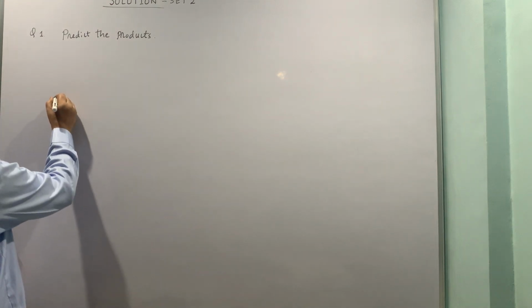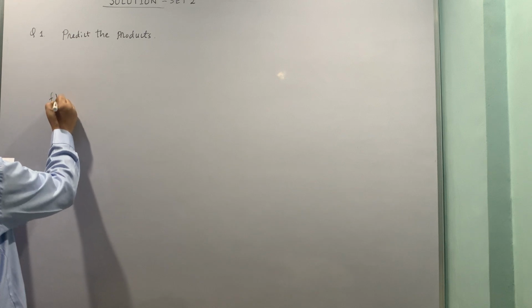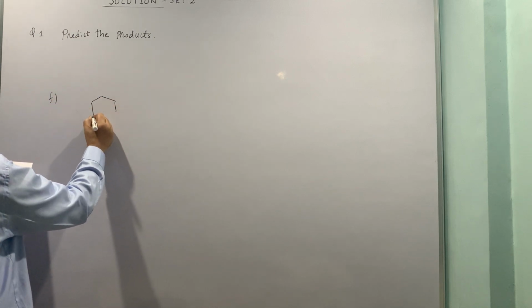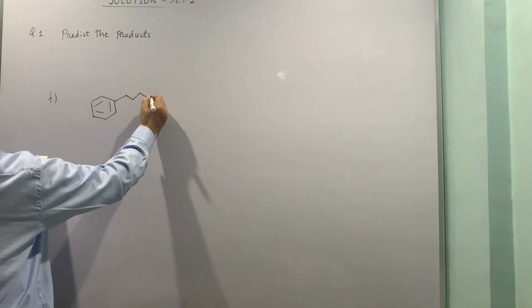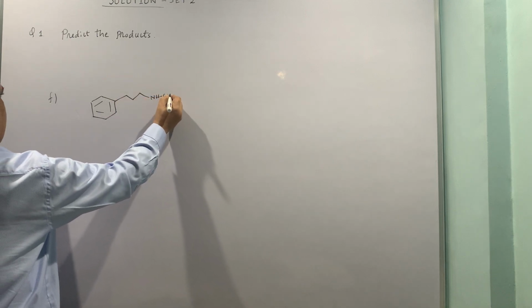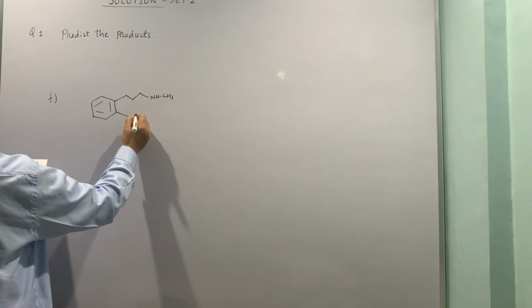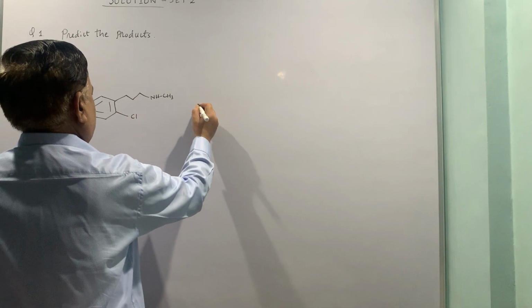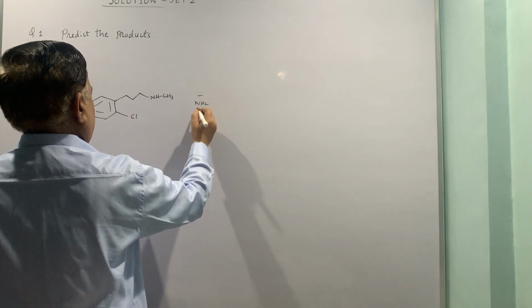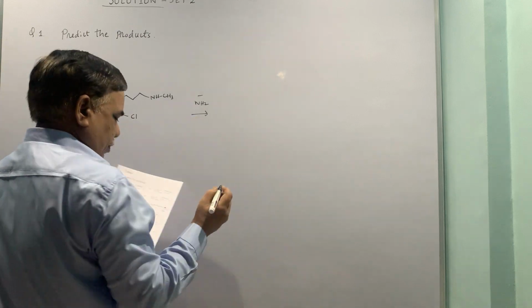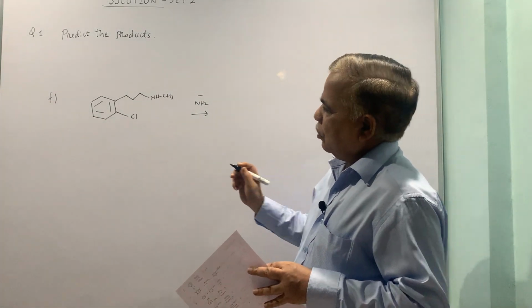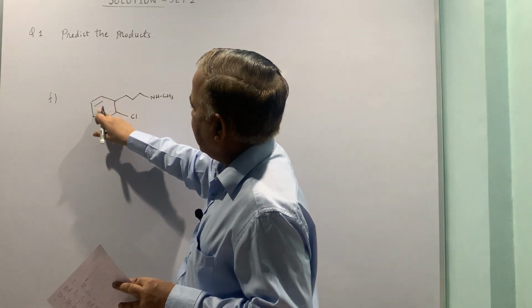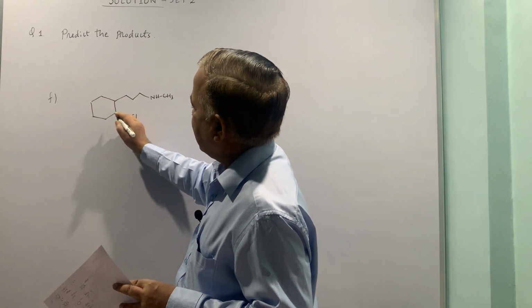Sixth example. Now this is a peculiar example, and generally these kind of examples will appear in your exams. The question mark is there. Now here the role of NH2 minus is, once again, it abstracts the proton.